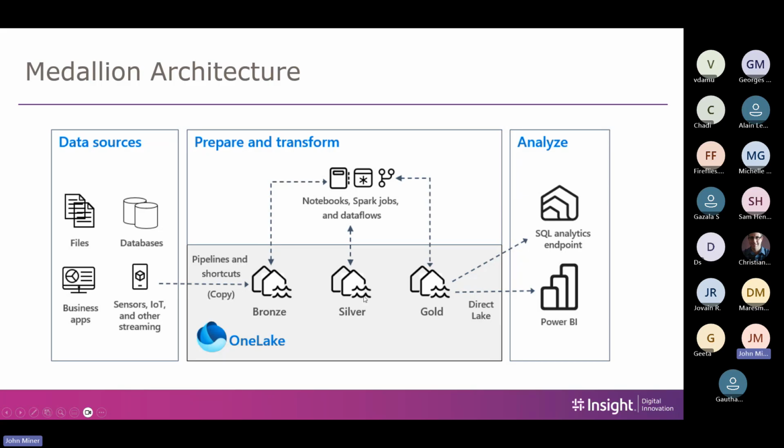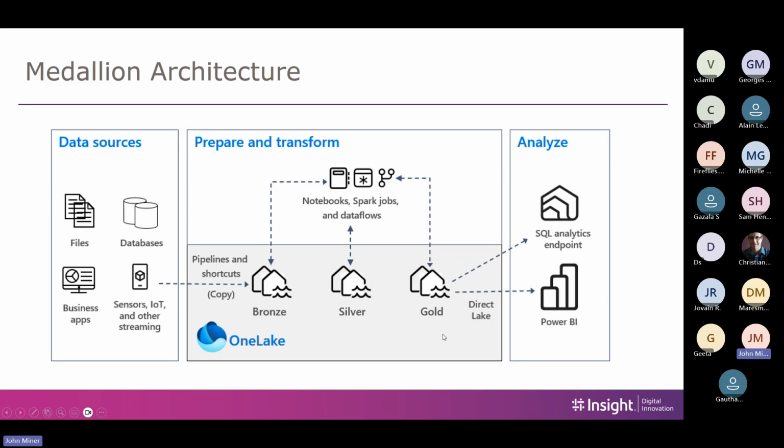Now, that's great, but an address table by itself probably has no intrinsic business value. What's better is maybe all the people and their locations that we sold products to, grouped by state or something like that. That would be our gold. That means we're taking silver and making some type of star schema, which Power BI loves, and putting it there.